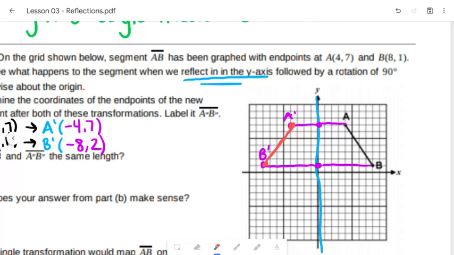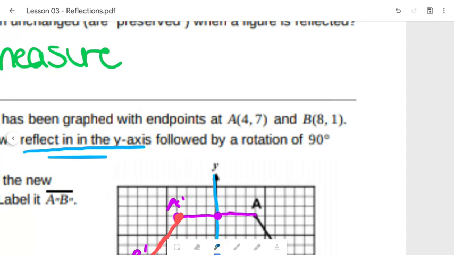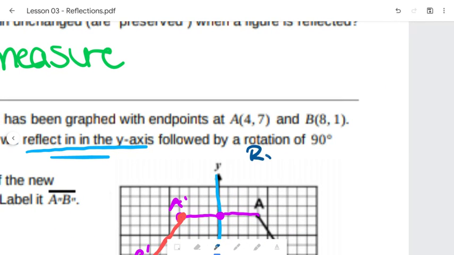But we still have to follow it up with a rotation. So when we rotate, just as a follow-up reminder here, the rotation rule of 90 degrees, we saw it in the previous lesson and the first lesson, (x, y) changes to (-y, x).